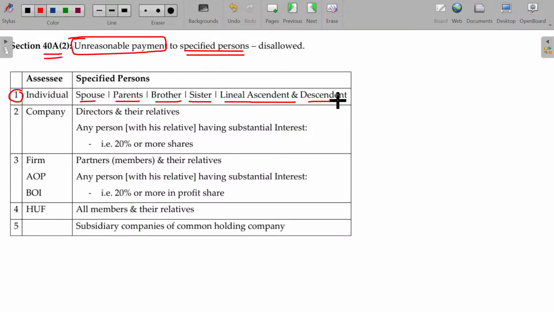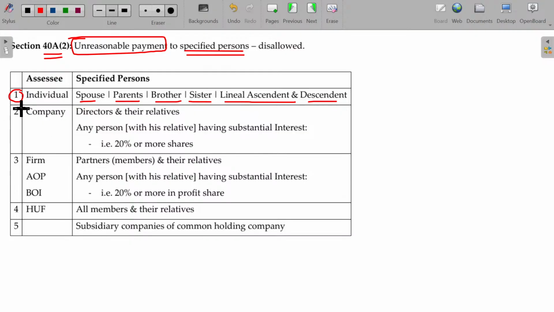So the lineal ascendant and descendant, spouse, parents, brother, sister, all will be considered as relatives. If you are buying anything, or getting any service from these parties, or any rental premises or interest payment, whatever it may be, if it seems to be unreasonable, to the extent of unreasonable it cannot be debited, it should increase the profit and you have to pay the tax. But for the recipient, it will not be a matter. Actual receipt will be taken there, right?